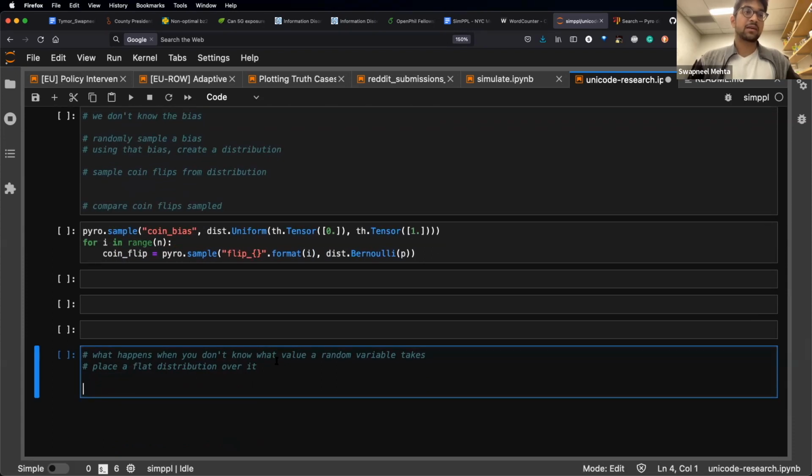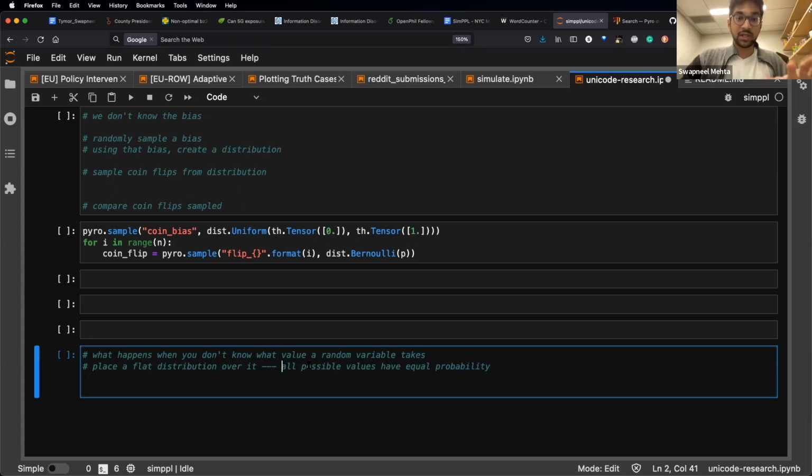When I say flat, I mean all possible values have equal probability. I could have done this before also. For now, is this English explanation clear? A flat distribution over it, which means all possible values have equal probability.